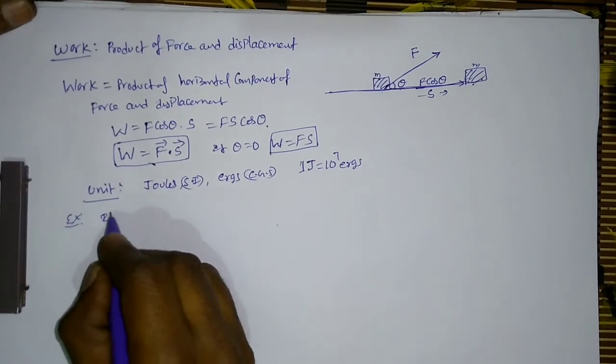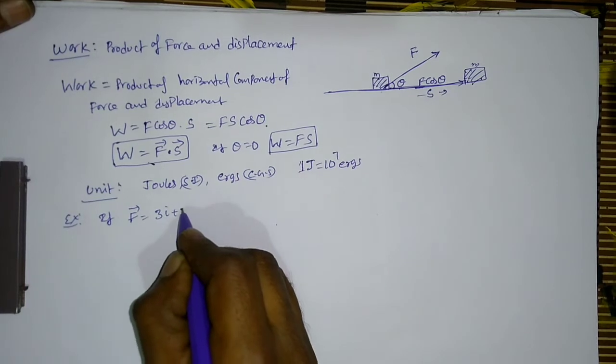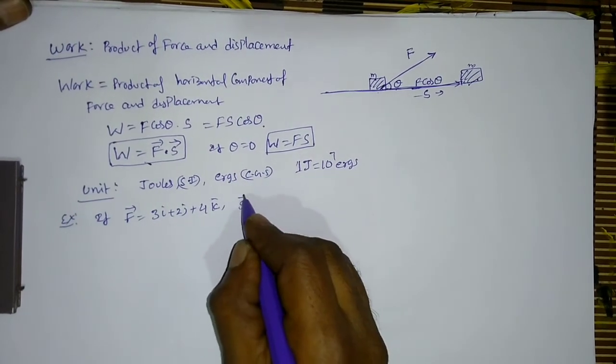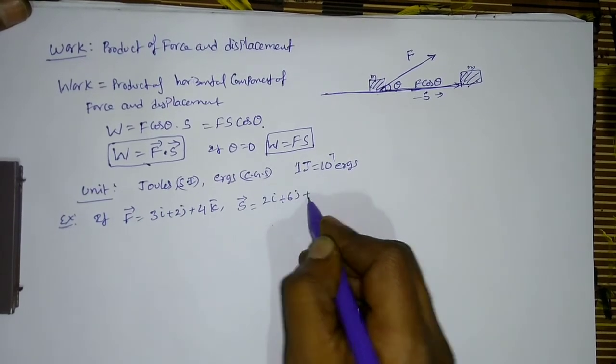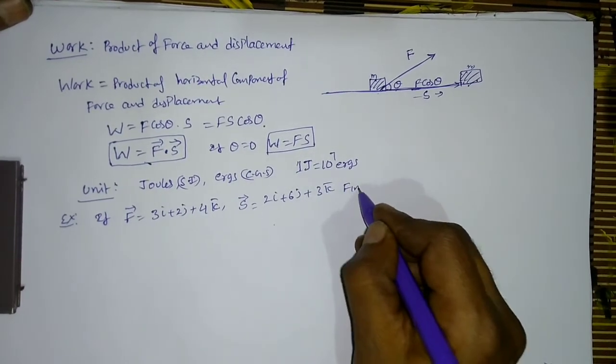Say the force F bar is equal to 3i plus 2j plus 4k, and the displacement S bar is equal to 2i plus 6j plus 3k. Now find the work done.